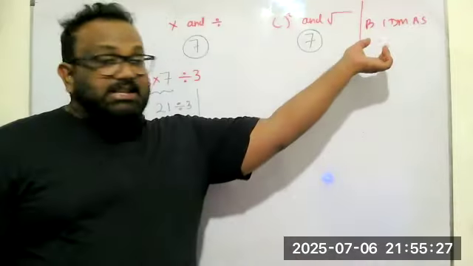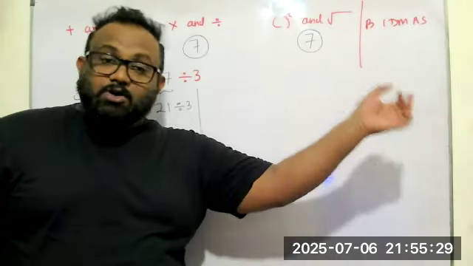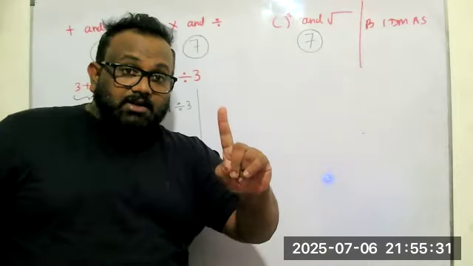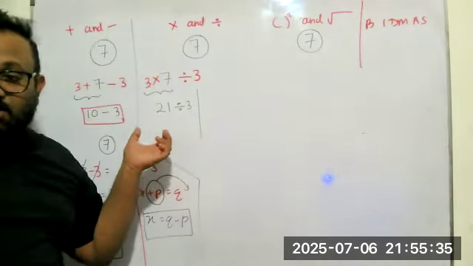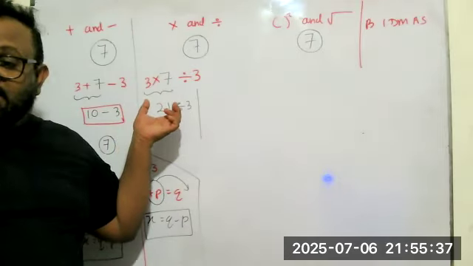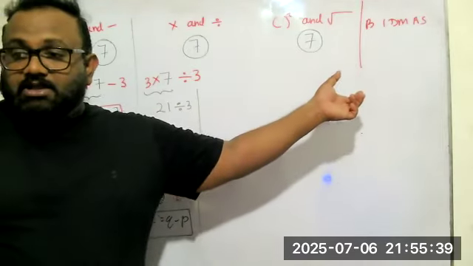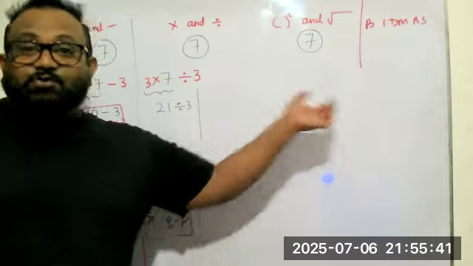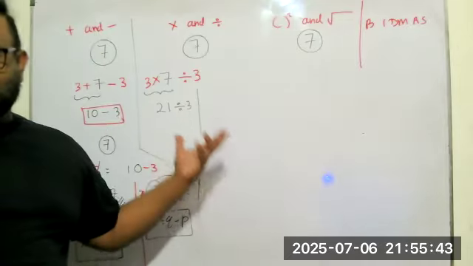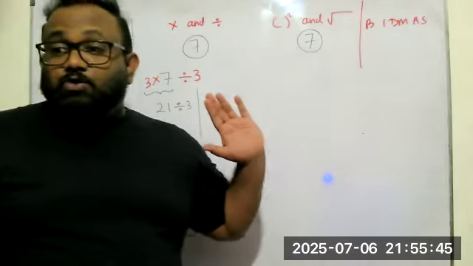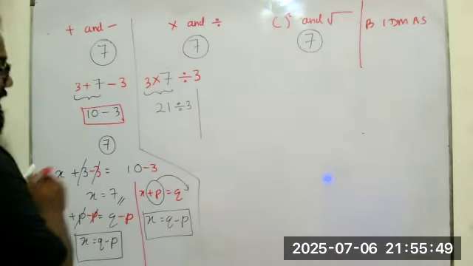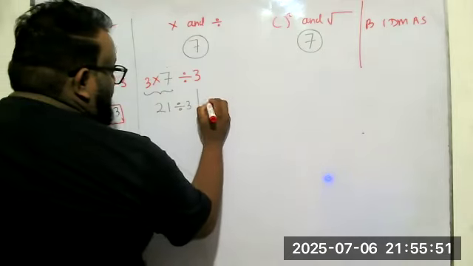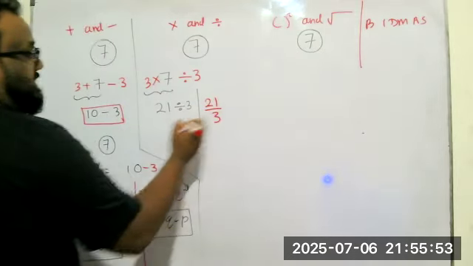What it says is division or multiplication, whichever comes first, and that is how we work using the left to right rule. That is known as the left to right rule. Later on, I'll teach you what the left to right rule is all about. Now, can I rewrite 21 divided by 3 as 21 over 3 as such?